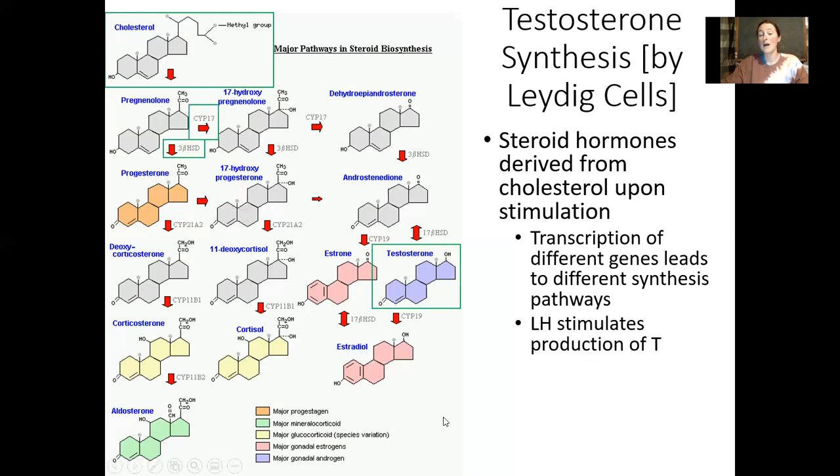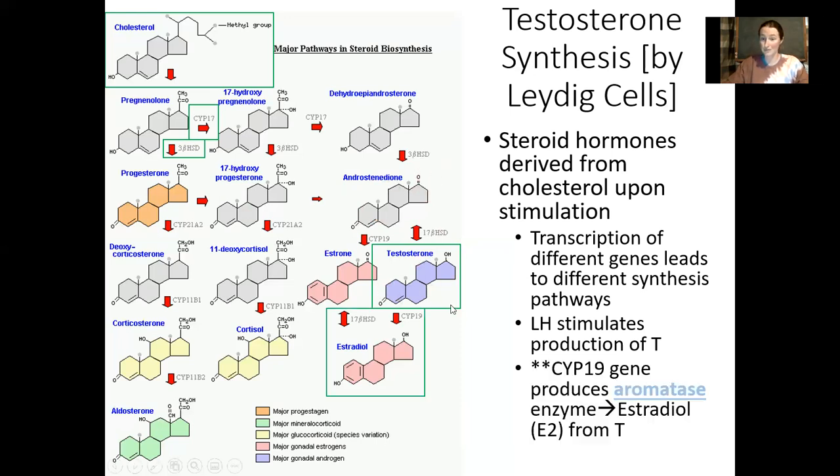Luteinizing hormone stimulates the Leydig cells, the interstitial endocrine cells, to produce testosterone. And so essentially that is going to turn on this particular gene and convert this preliminary product, also a derivative of cholesterol, into testosterone.